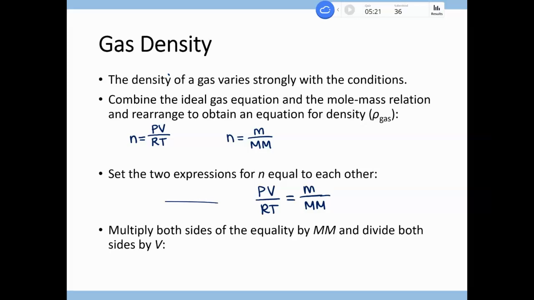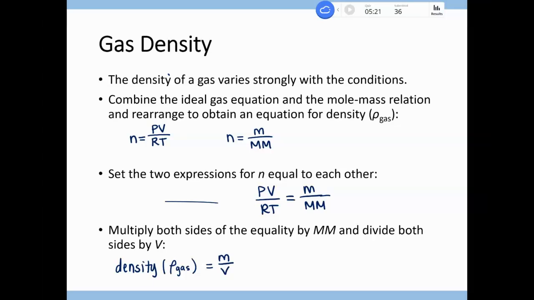Now, remember, density, which we represent as the lowercase letter rho, looks a lot like a P, but it's not. It's a Greek letter, rho. The density of a gas, remember, density in general is mass divided by volume. So m over V. Well, we can rearrange this equation to have mass divided by volume.